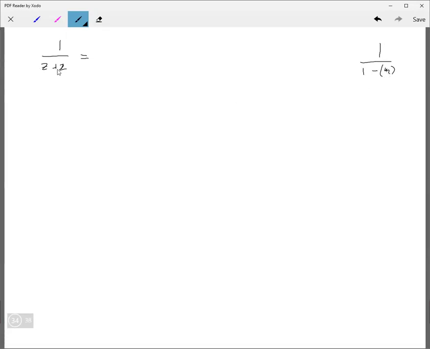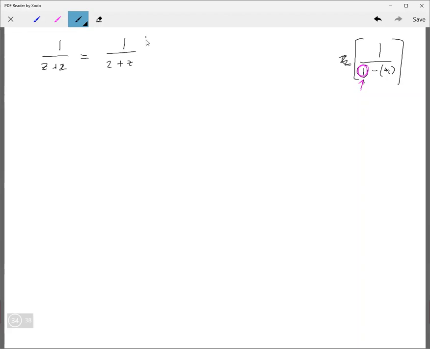Here we have 1 over 2 plus z. You can have a constant out here. The main key is just to get a 1 right there. That's the main focus, because if you do that, then everything else falls in place. And then a minus here.